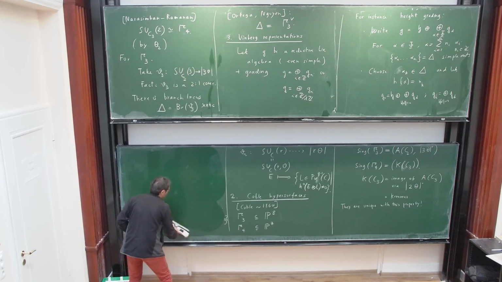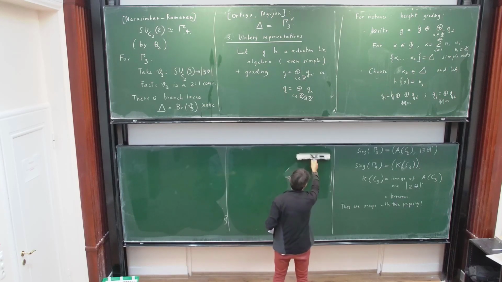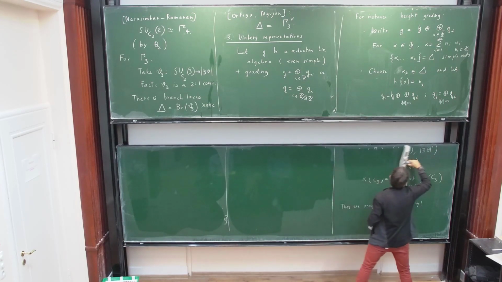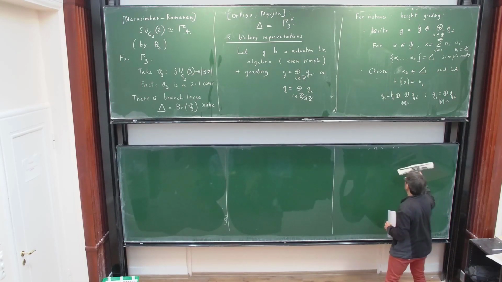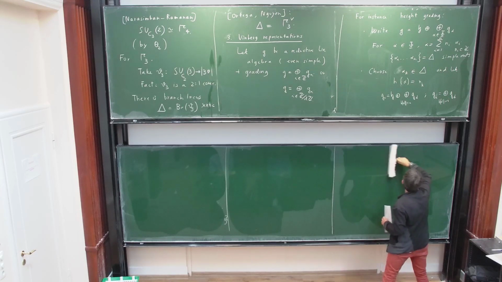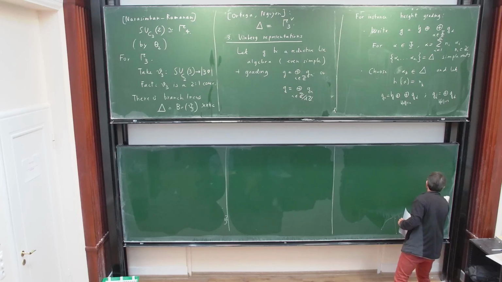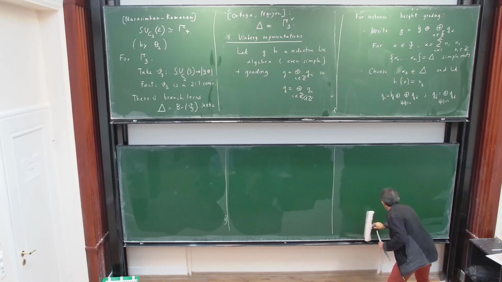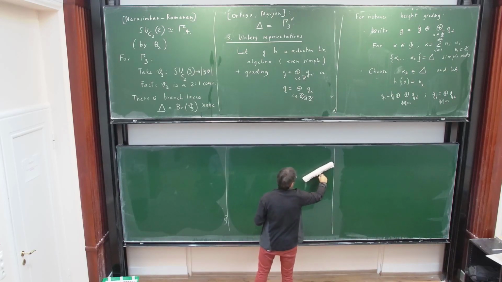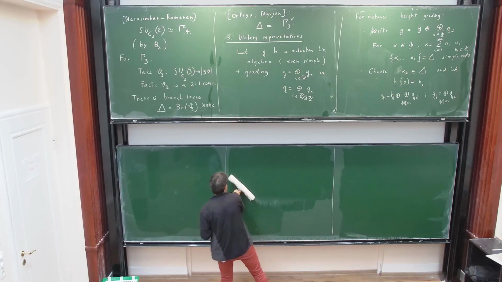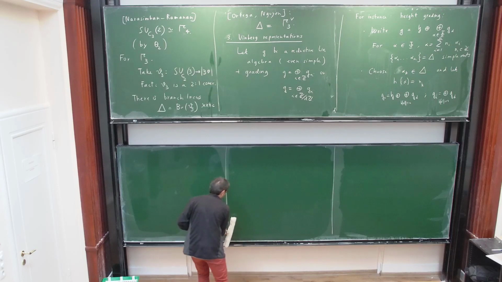There's g0 and the eigenspaces g_i. Or another way to obtain gradings is if you have a Lie algebra automorphism, then the eigenspaces for the automorphism will also provide a grading.